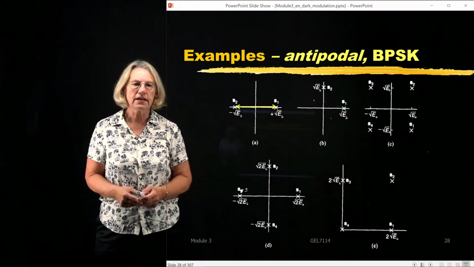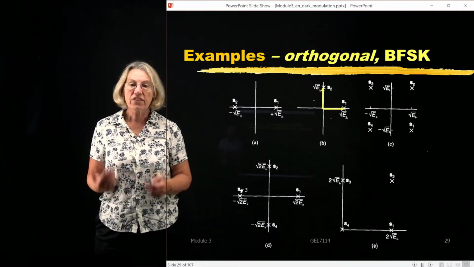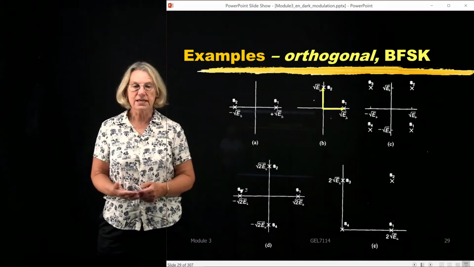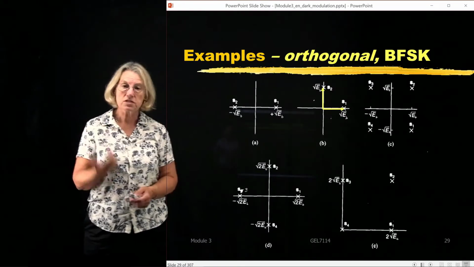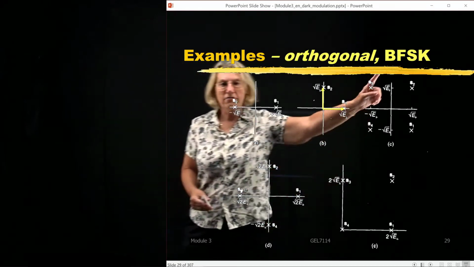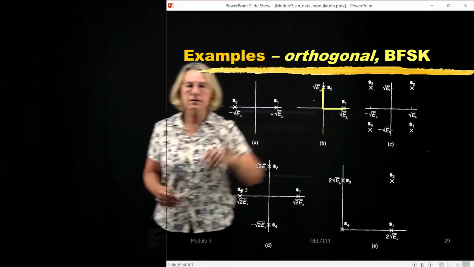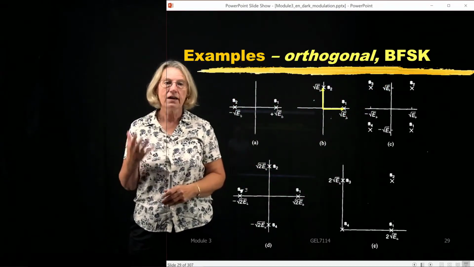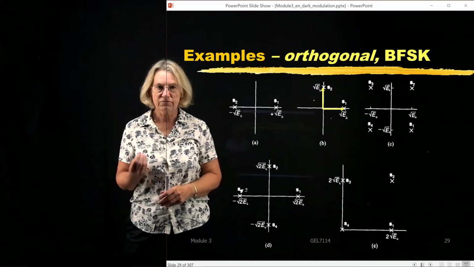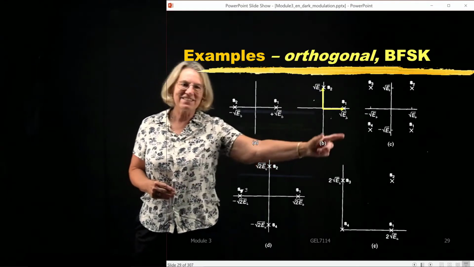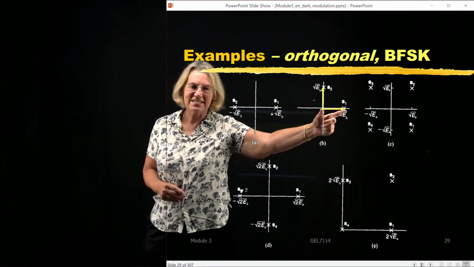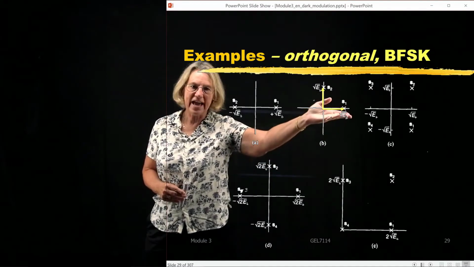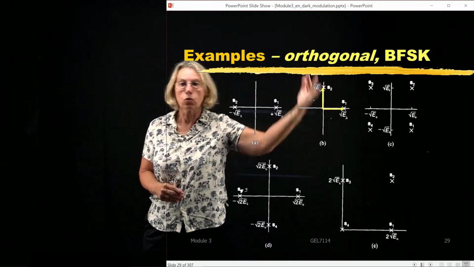Next we have an orthogonal modulation scheme. We've seen one orthogonal modulation scheme, and that was on-off keying, but we've also discussed another one, which is frequency shift keying. In this case, I'm going to show you something for binary frequency shift keying. In 2 dimensions, we would write this as one vector along the x-axis, the other vector along the y-axis.